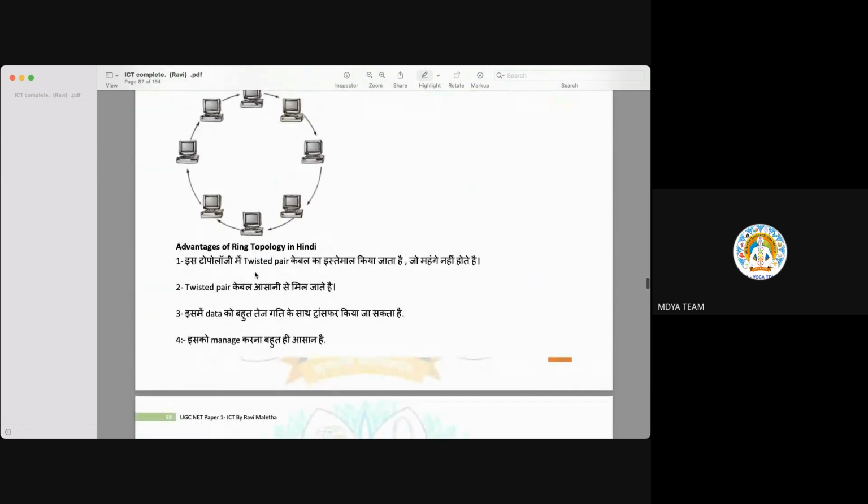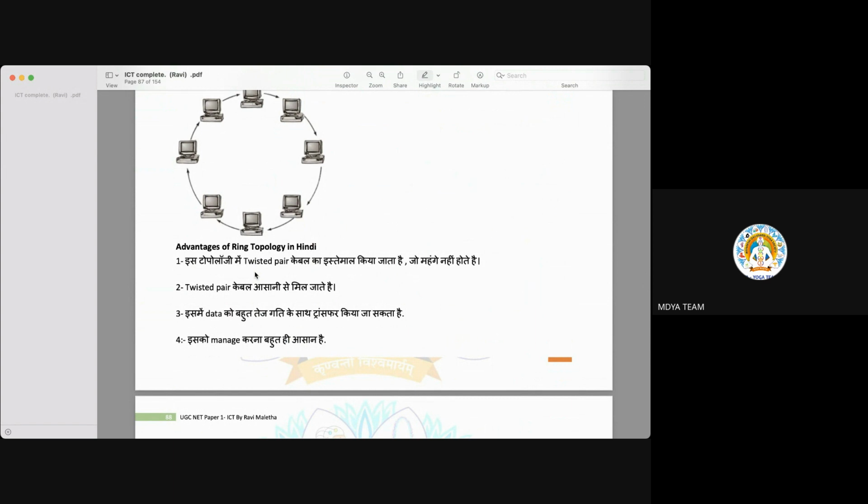Now, what are the advantages? Here, the cable which is used is twisted pair cable. We'll study later how many types of cables there are, and how the connections can be made between the systems. This twisted pair is also not a very costly cable.